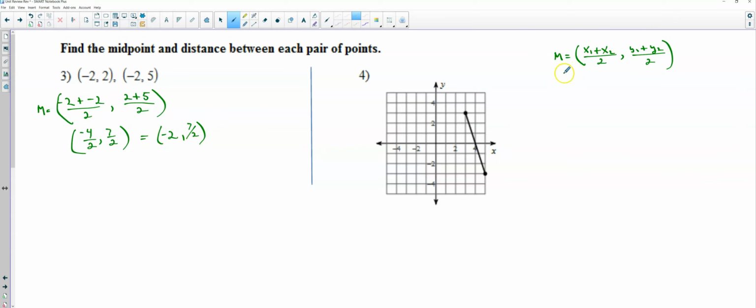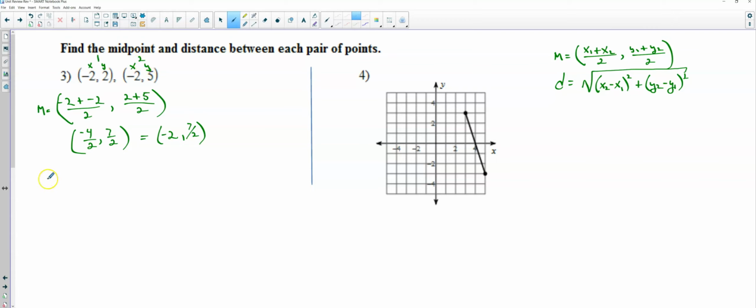However, for the distance formula, I gave you the formula before. Here we go. This is the square root of x in point 2 minus x in point 1 squared plus y in point 2 minus y in point 1 squared. Okay, that's the formula. So I'm going to use that. Here is x and y, x and y. This is point 1 and point 2.